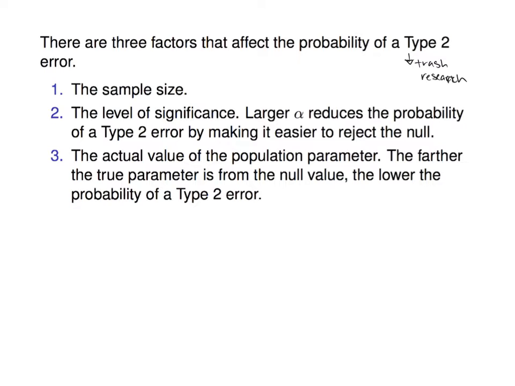If your sample size is too small, that's going to increase the probability that you have a type 2 error. So bigger, better. The level of significance. If you make that alpha really, really small, it's really hard to reject H naught. So keeping alpha at a reasonable level is something you've got to do, which is usually 0.05, but there are arguments for it to be other things. And then the last thing is the actual value of the population parameter. The farther that parameter is from the null value, the lower the probability of this type 2 error.